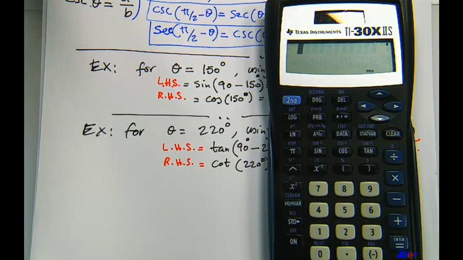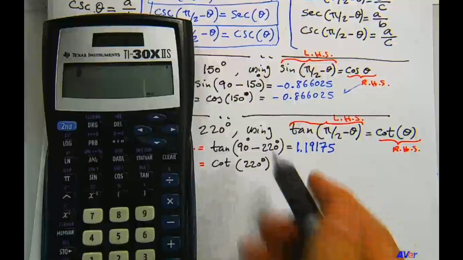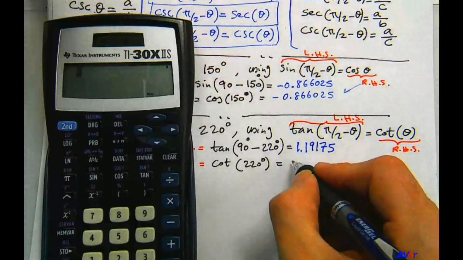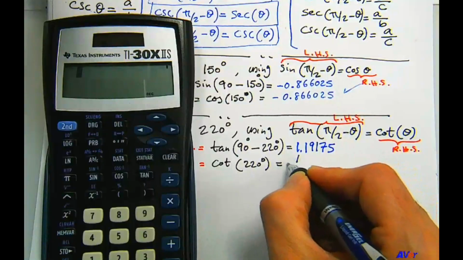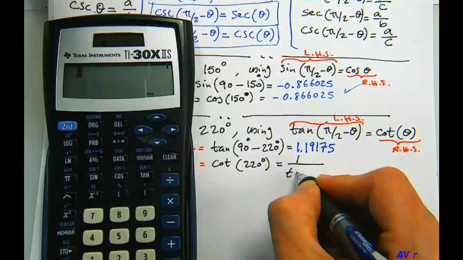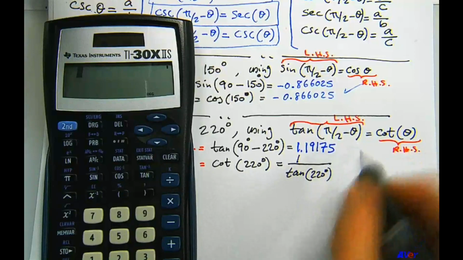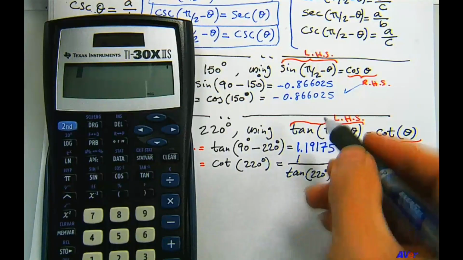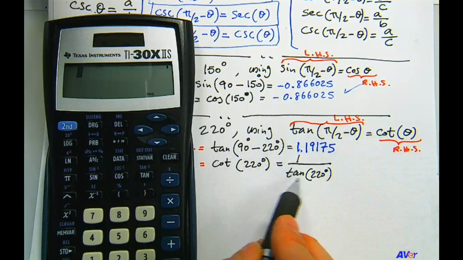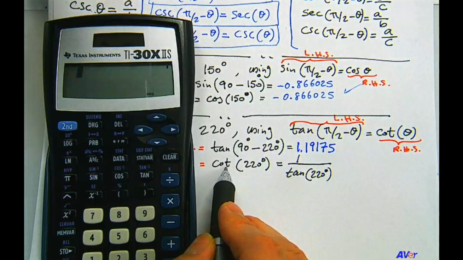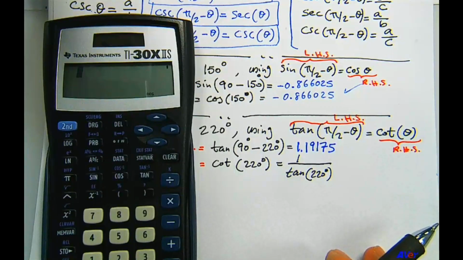You don't really need it. Okay, so let's reflect that here. This is equal to 1 over tangent of 220 degrees. So if I find tangent 220, I take the reciprocal of it, or 1 divided by it, and I'm going to be able to get cotangent 220.